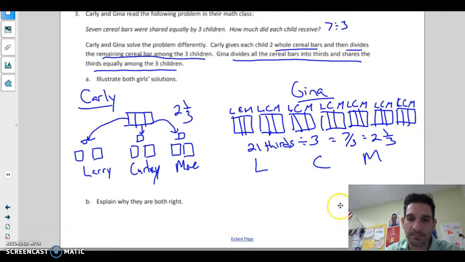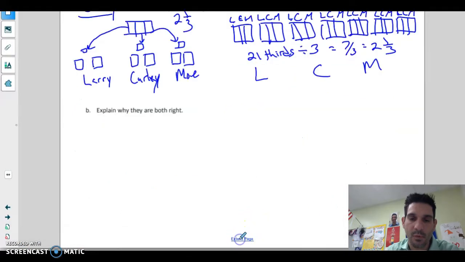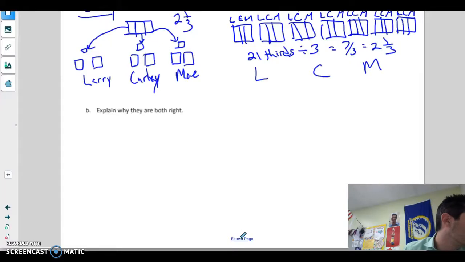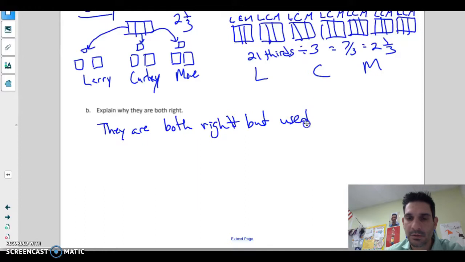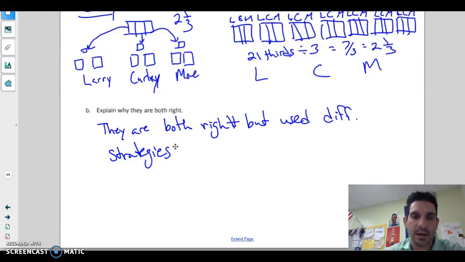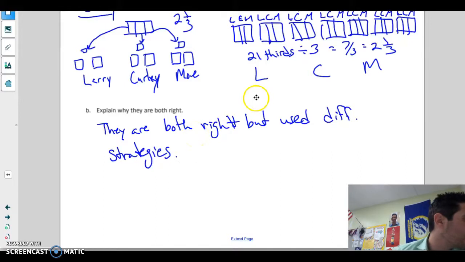Explain why they're both right. Well, they are, because they are both right but used different strategies. Okay, I mean, what could I say?